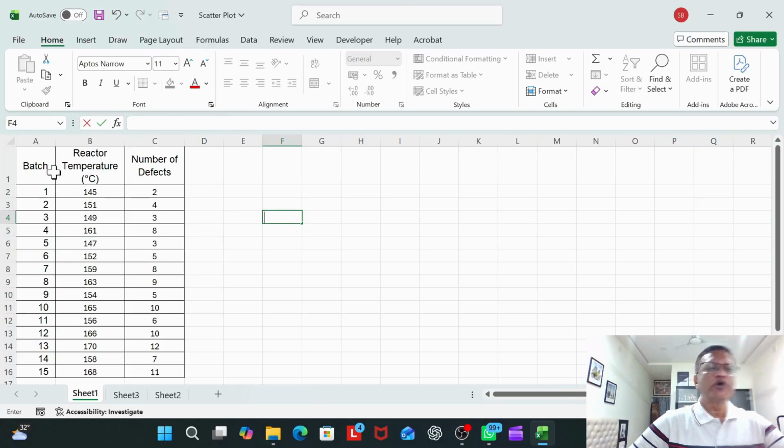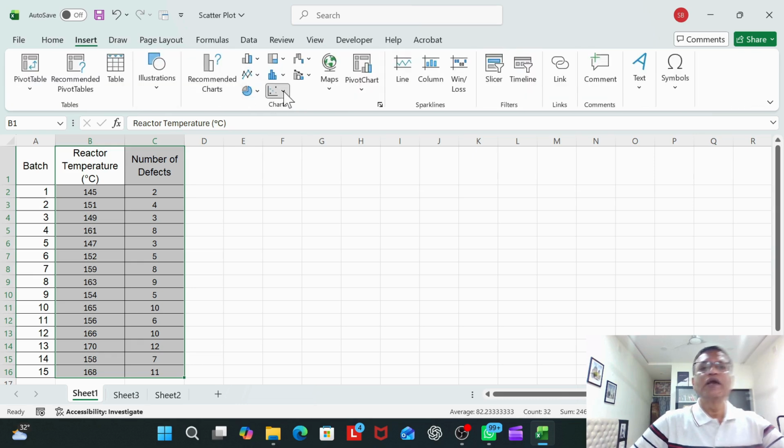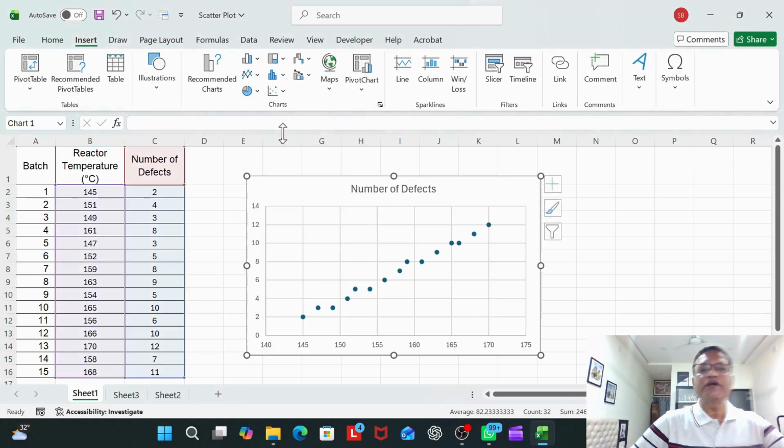So now let's look at how to construct a scatter plot. I've taken the same data, which is of number of batches 1 to 15, reactor temperature and number of defects. So select this reactor temperature and number of defects. Go to insert and click on the charts and scatter.